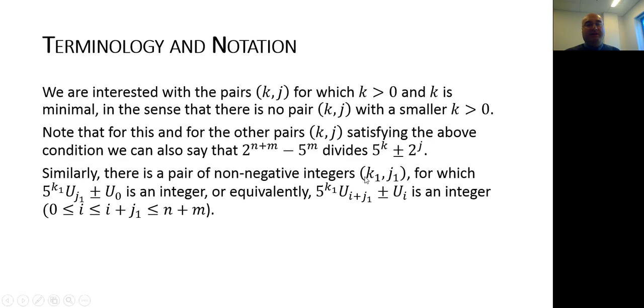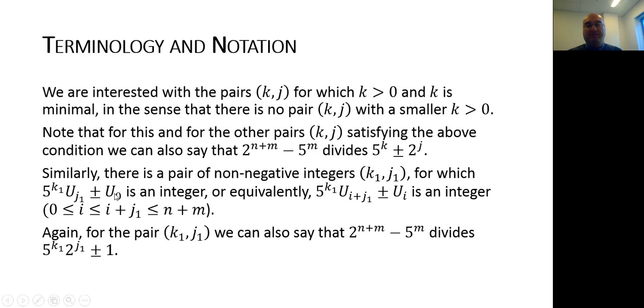In a similar manner, I can determine numbers k1, g1, for which 5^k1 u_g1 plus minus u0 is an integer. Again, this can be interpreted in the proper divisibility context: 2^(n+m) minus 5^m divides 5^k1 times 2^g1 plus minus 1. I will not now discuss why such integers exist.